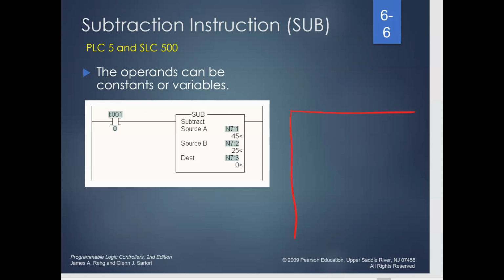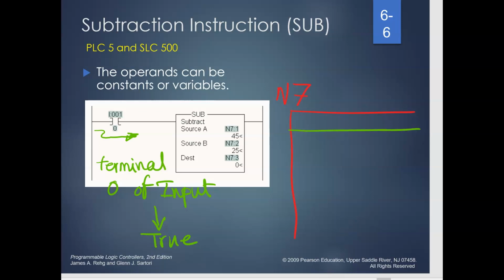If I draw the integer file, which is the N7 file, then it means that if the input rung is true, if terminal 0 of the input is true, then source A, which is N7:1, will be combined with source B, N7:2, and my destination is N7:3. The result will be stored in N7:3.